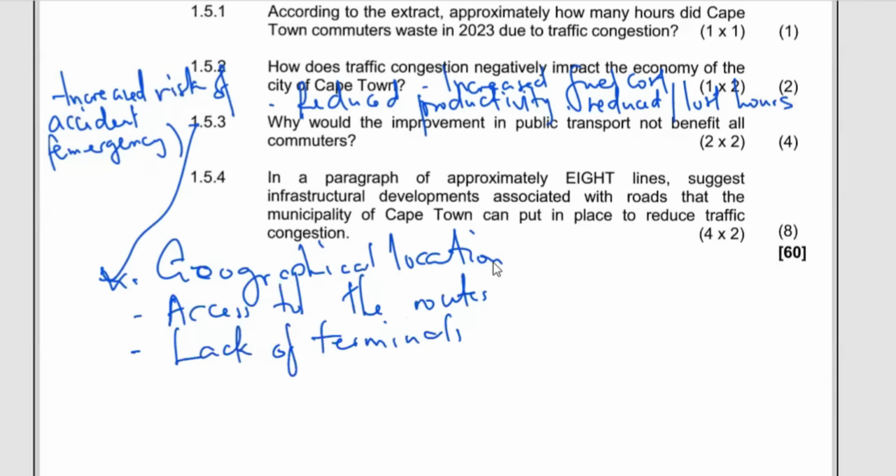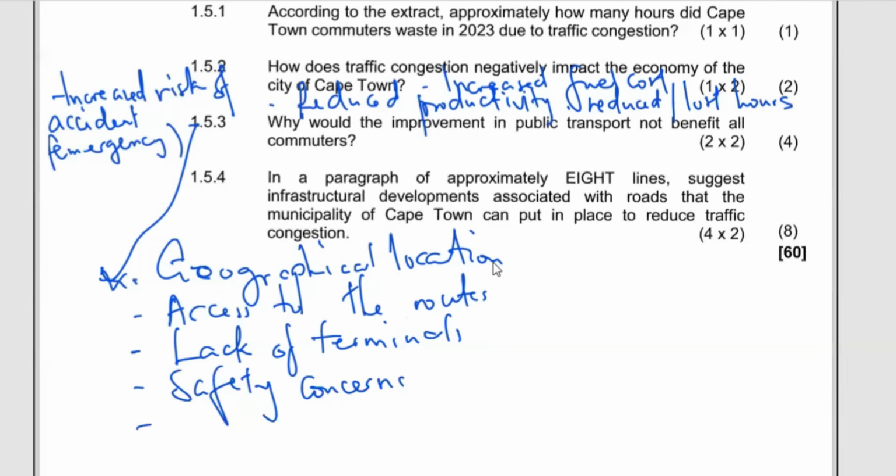Then we can also talk of safety concerns. Some people feel like it's not very safe to use public transportation. For example, if you have valuables, the risk of losing your valuables is more of a concern.